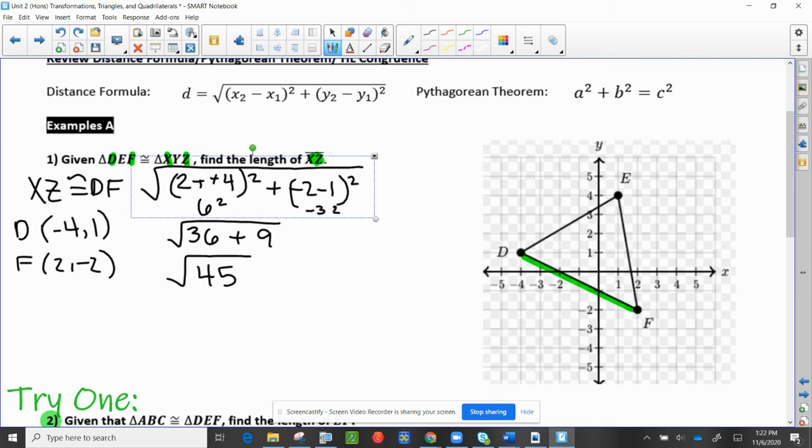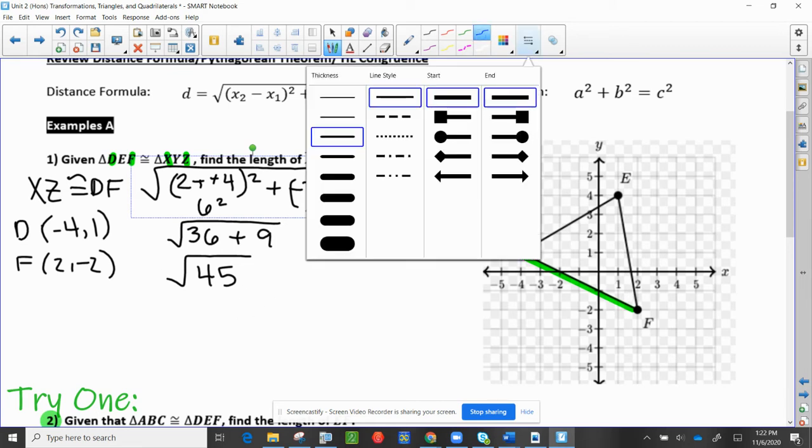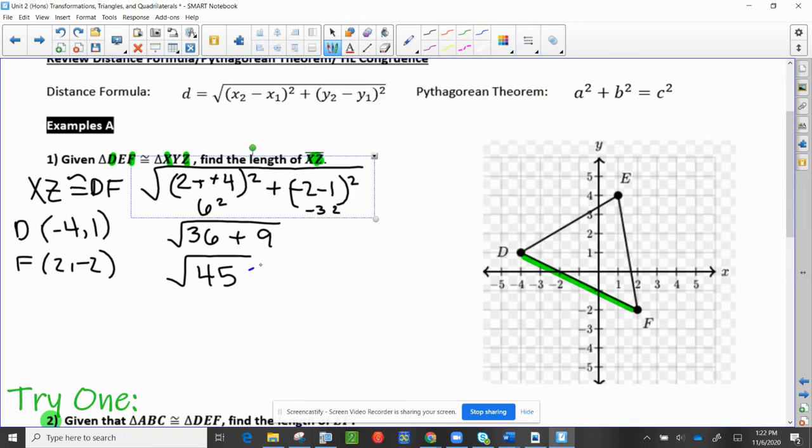Now we can't leave our answer in an unreduced form, so double check: are there any perfect square factors that I can take out of 45? Well, 9 and 5 go into there. 9 is a perfect square, so 5 would be my leftovers. So this reduces to the square root of 9 is 3, so 3 root 5. This would be the length of XZ.